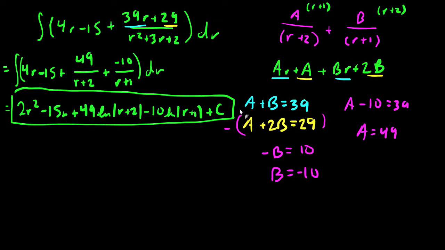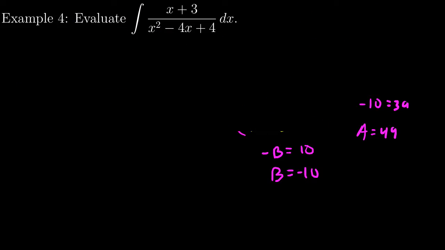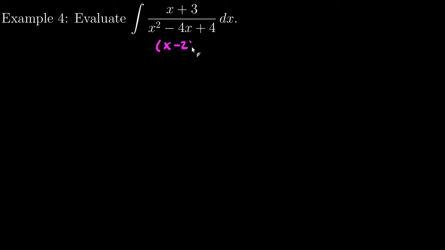And finally, one more question. This one has a slightly different problem, and here's the problem. When I factor, the denominator is actually x minus 2 squared. And so the way to deal with this is the following.